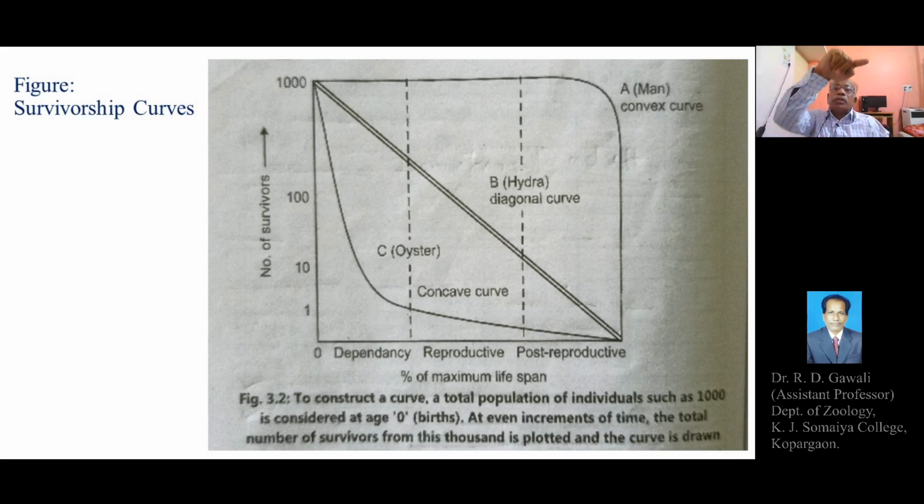The individuals die at a constant rate through the three different stages: embryonic or pre-reproductive stage, reproductive stage, and the post-reproductive stage. So in all ages the death rate is constant, and that's why the survivorship curve appears to be straight or diagonal.